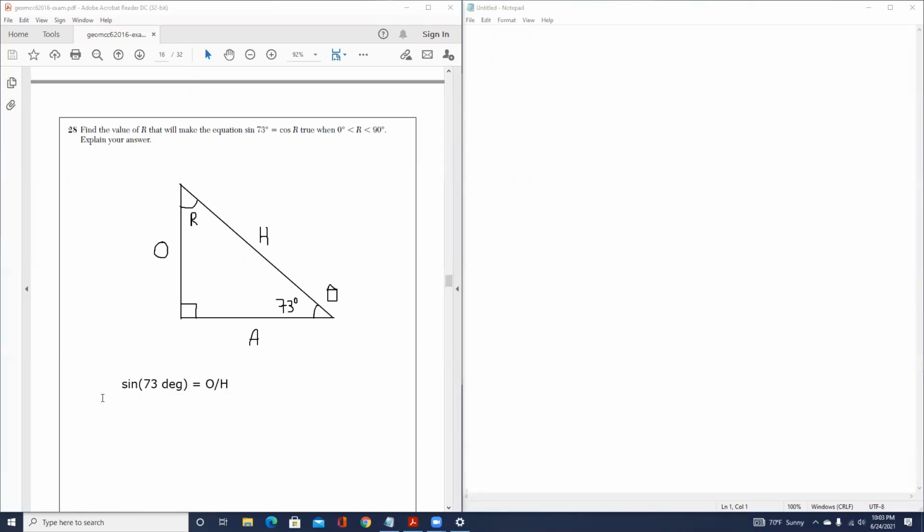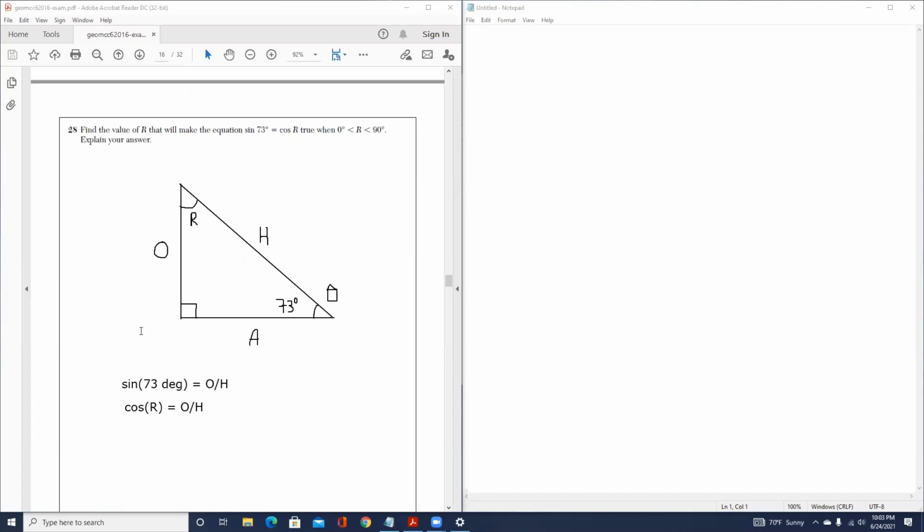Now looking at this r, we know that cosine of r is also equal to O over H. This isn't the same thing as the SOHCAHTOA sides, but rather the names that we've given to these sides based on the position of our home angle at 73 degrees.